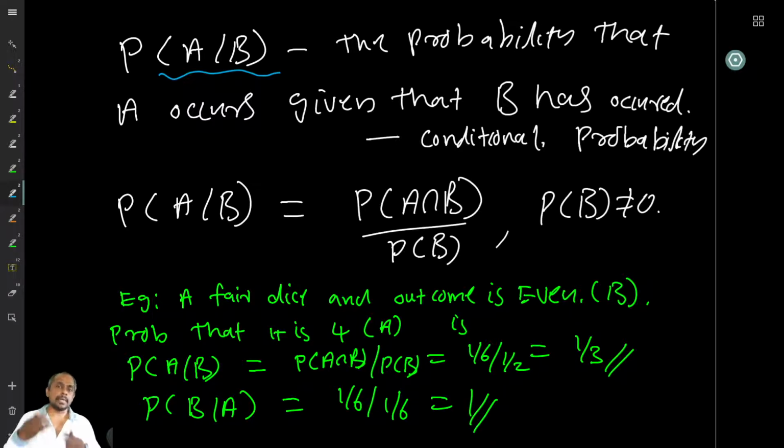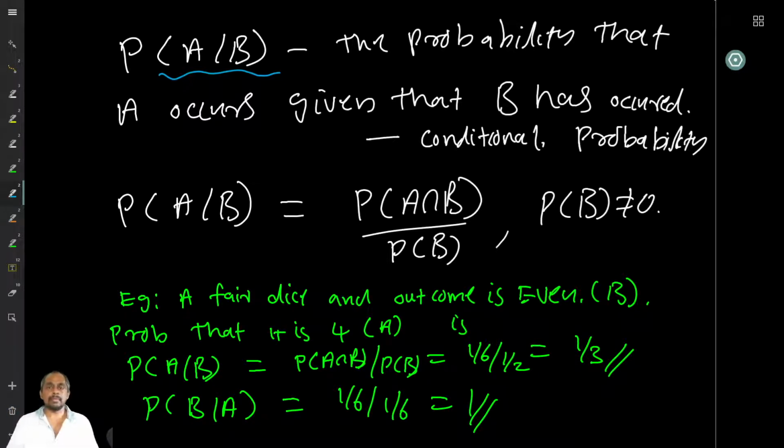For example, you are tossing a die, and let us say that the event A is that the outcome is 3, and event B is that the outcome is an odd number. Now I toss a die, you don't see the outcome, but I tell you that whatever number has come is an odd number. Then I ask you what is the probability that it is a 3.